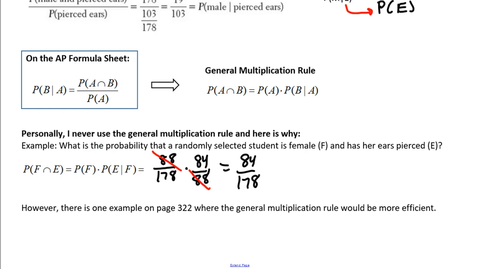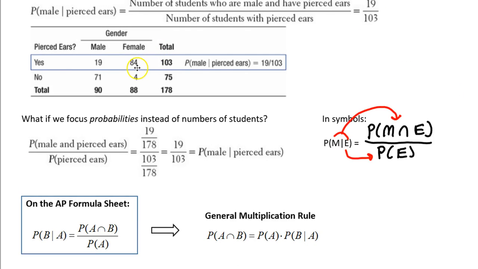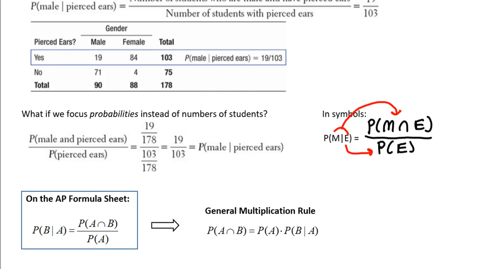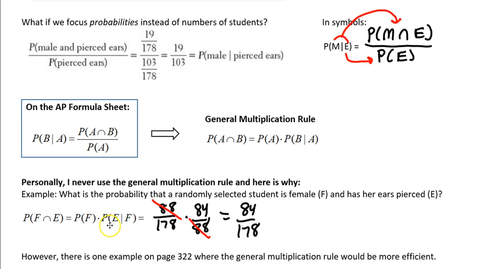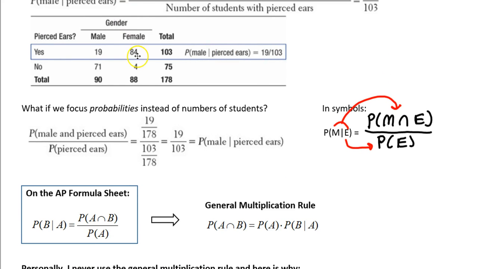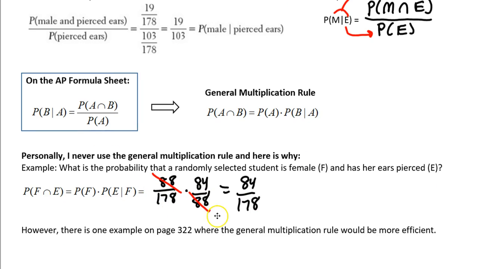Looking up the chart, the probability of female is 88 out of 178. The probability of pierced ears given that someone is female is 84 out of 88. So when we multiply the two together, the 88s divide out, and we have 84 over 178, which is a lot of extra work for something that we could see obviously just by looking at the chart.